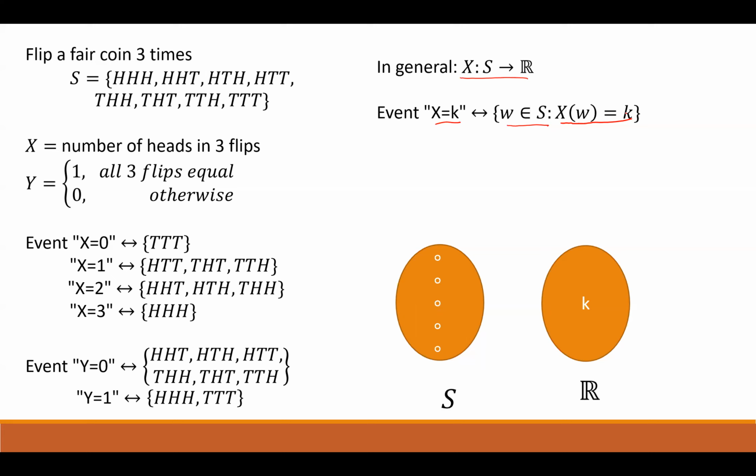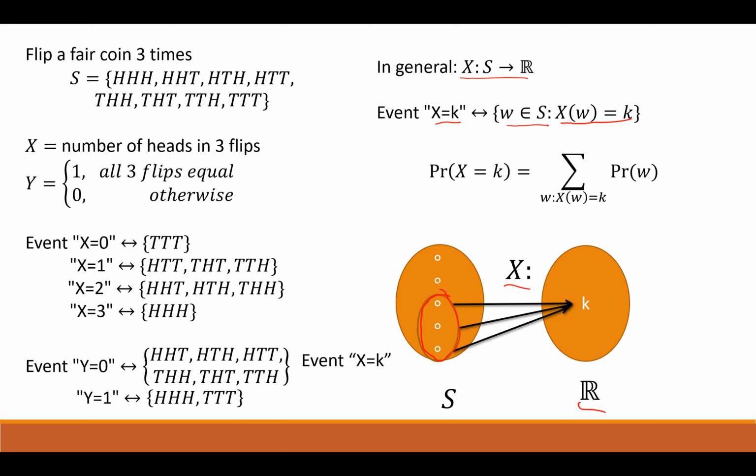So I have a sample space. I have a set of real numbers. And so my function X, well, I have a subset of my sample space that maps to a value K, right? This is now my event X is equal to K. Now the probability that X is equal to K, well, that's an event. We know how to compute the probability of an event.